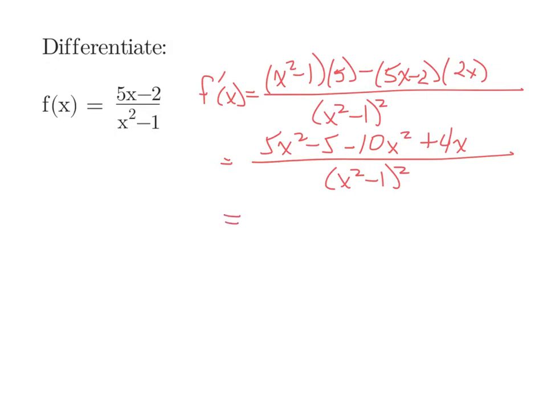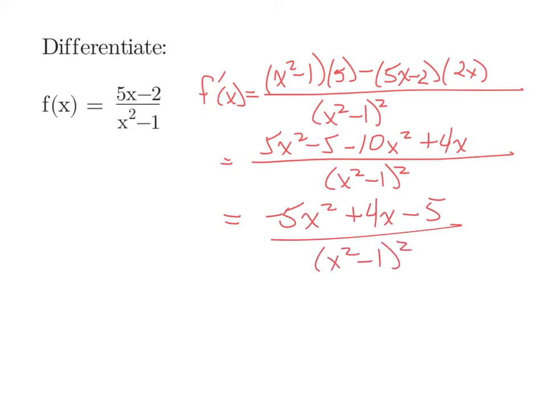When we clean that up, 5x squared minus 10x squared is negative 5x squared plus 4x minus 5, all over that x squared minus 1 squared. And that's going to be good. If you wanted to expand the denominator, of course, you could. Basically, we want to clean things up so that they're usable, but not go through so much of the simplification process that we take up a lot of time or possibly make some silly mistakes.